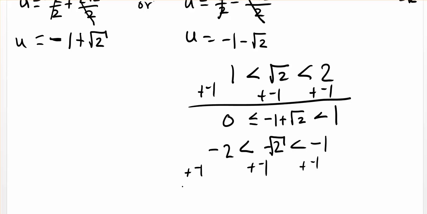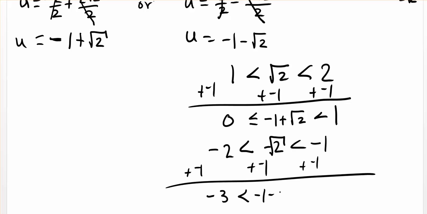And what we have here is negative 3 is less than negative 1 minus the square root of 2, which is less than negative 2. So this value right here is between 0 and 1, and this value right here is between negative 2 and negative 3.